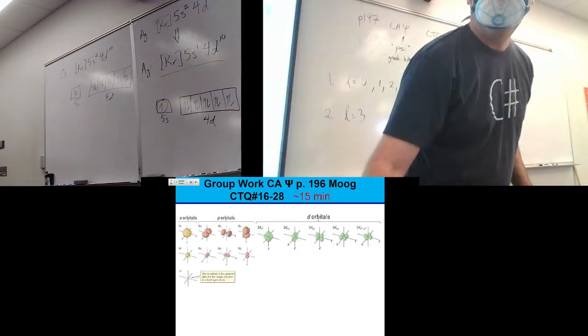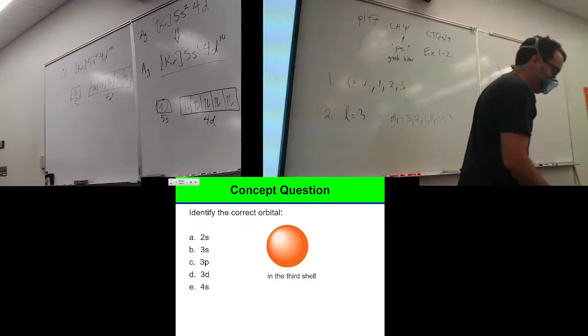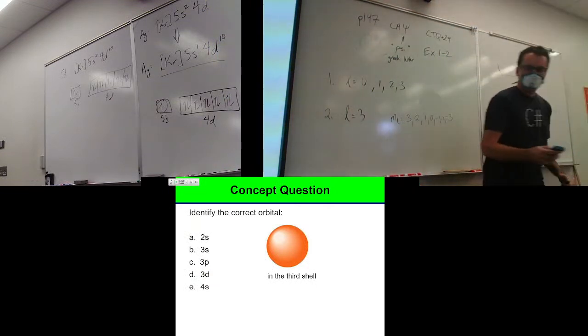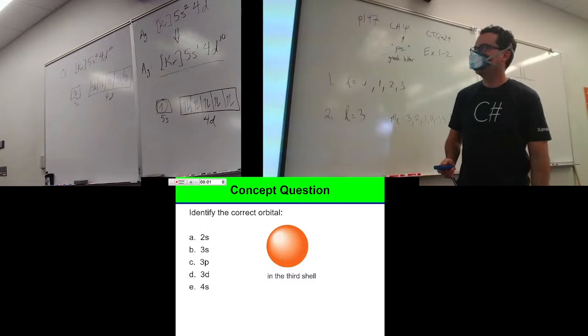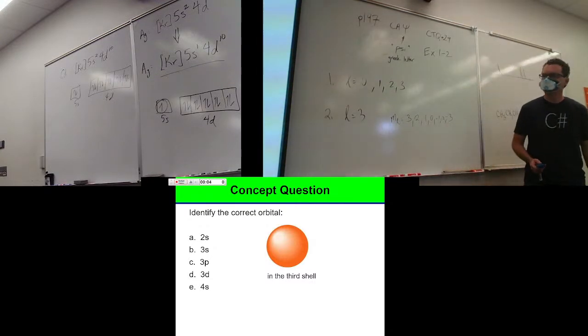I think that's it. But let's go over this real quick, make sure this makes sense. So, looking at this, which orbital are we looking at if it's in the third shell?